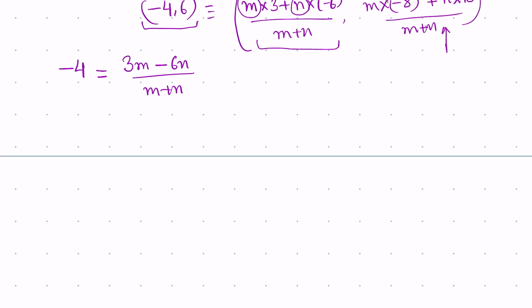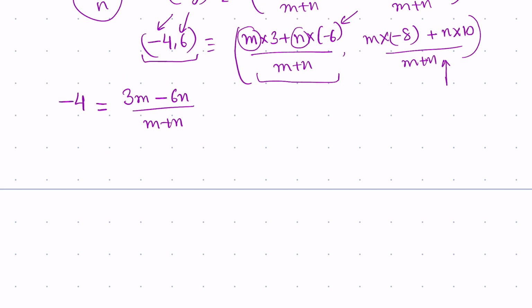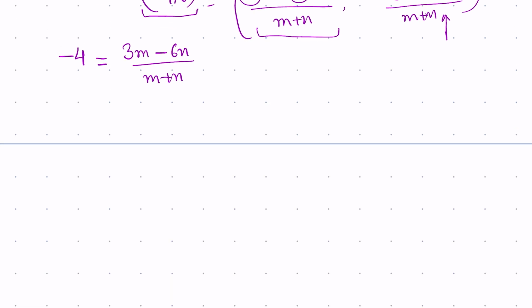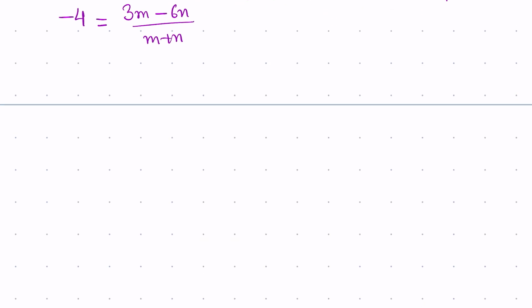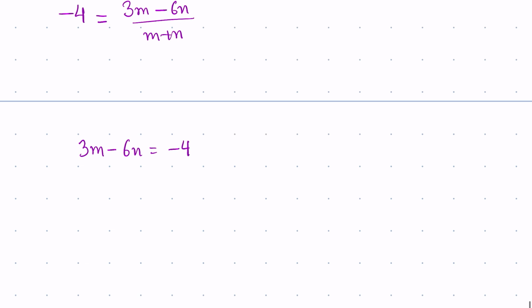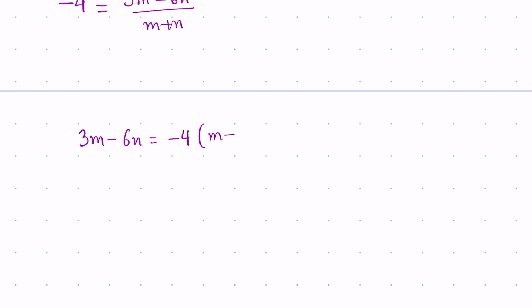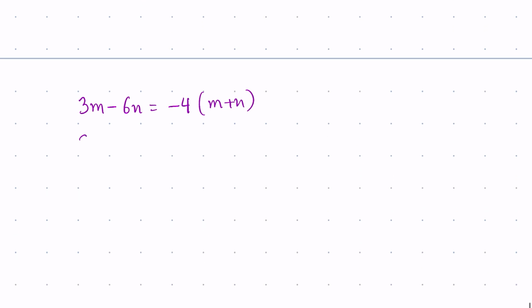Now if we just simplify this, we'll get a relation between m and n, and we just need to find m divided by n. So let's simplify this further. 3m minus 6n is equal to 4 times (m plus n)... 3m minus 6n is equal to 4m minus 4n.